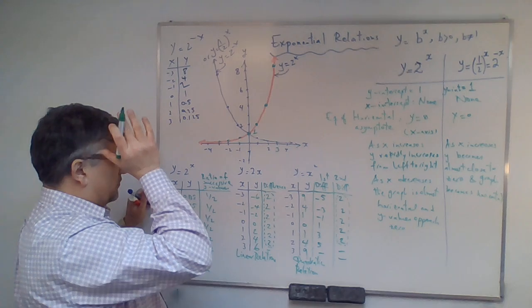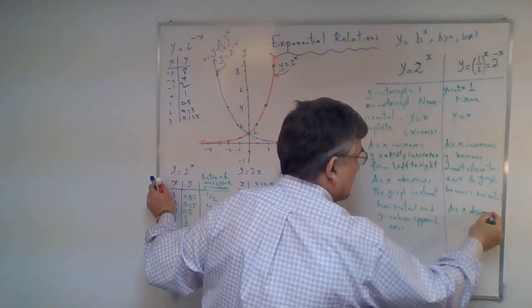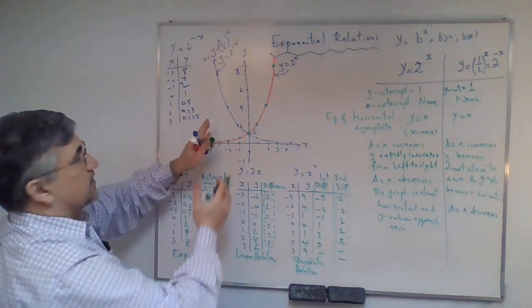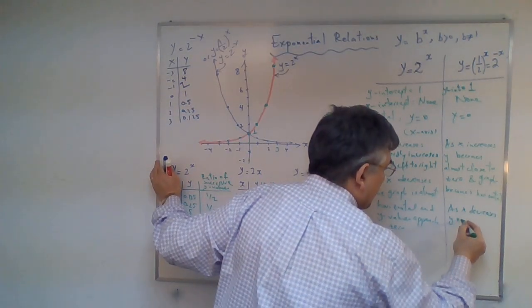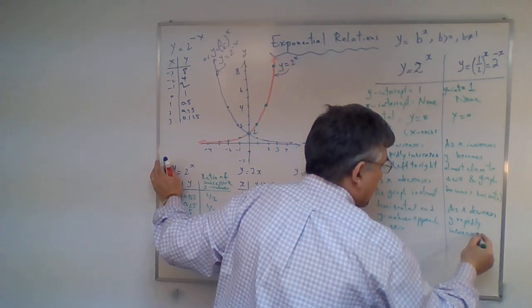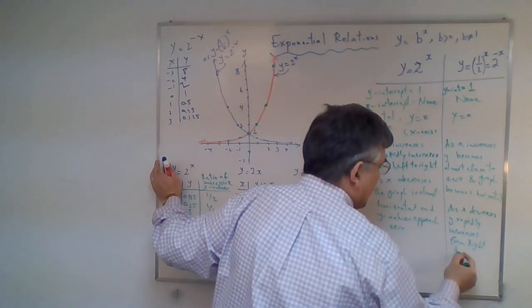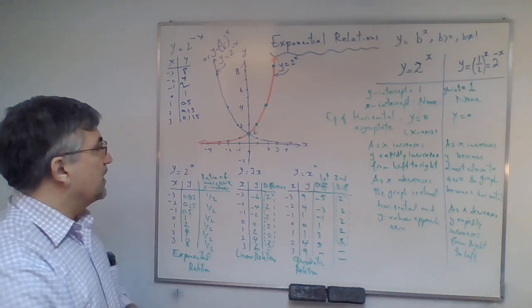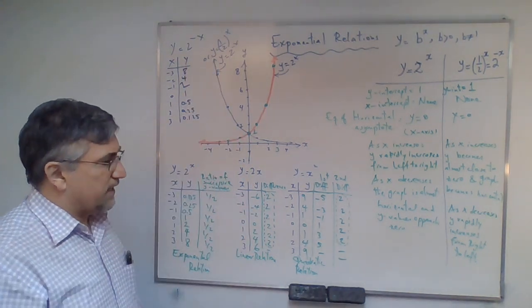On the left hand side, as x decreases, on the negative part, we see that y is actually rapidly increasing from right to left. So I'm just describing what is happening to the graph. And these two graphs are, of course, symmetrical with respect to the y-axis.